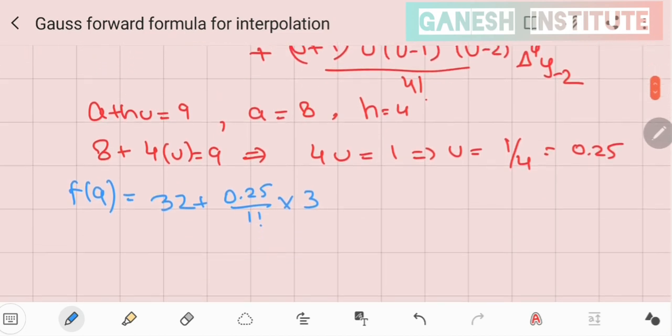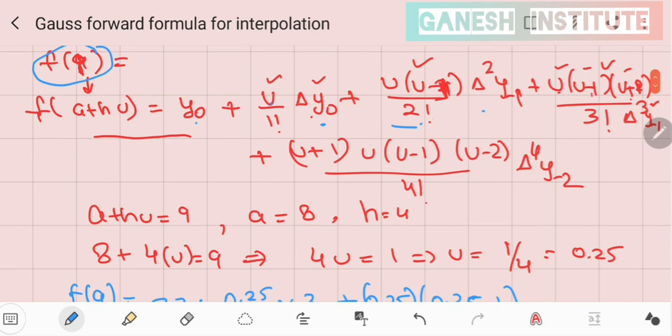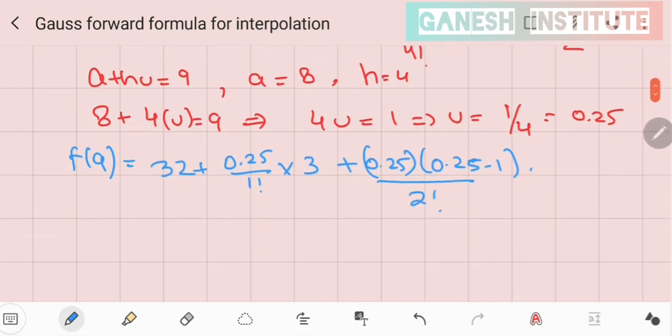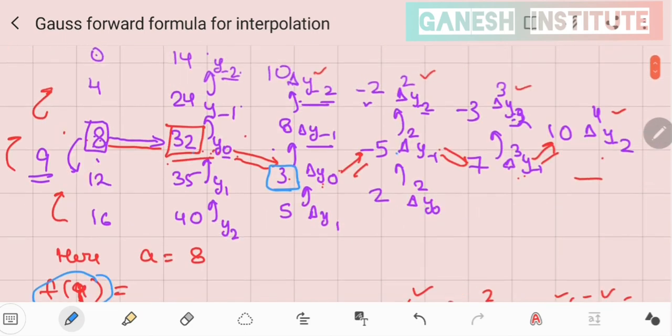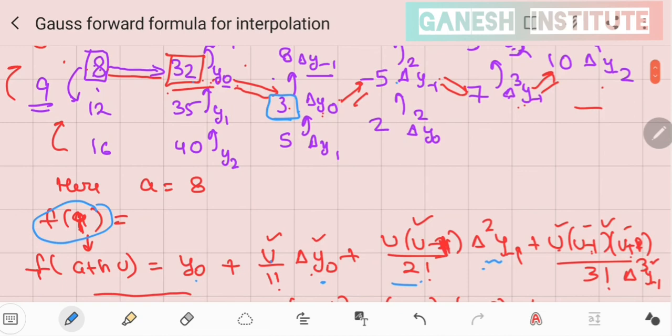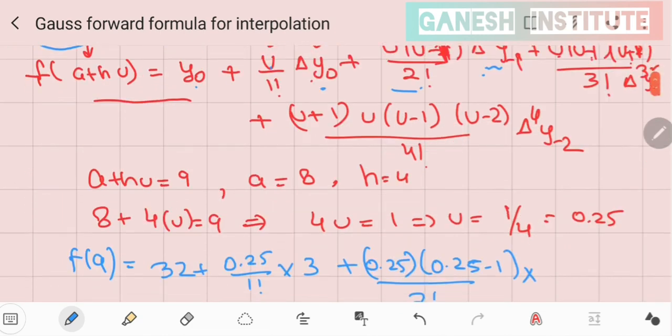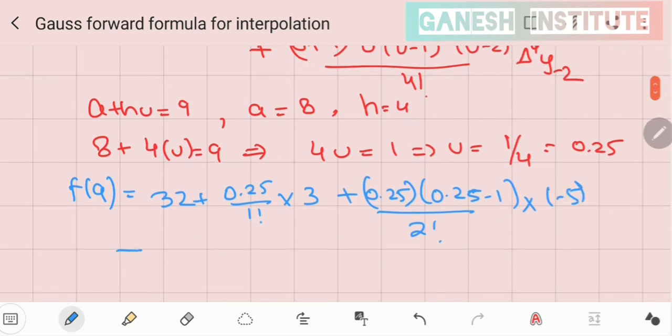Then the third term, u minus 1, that means 0.25 minus 1 by 2 factorial. Then the second operator of y minus 1, so we are done with 3, then minus 5. Then u plus 1, u minus 1, right? This is another term.